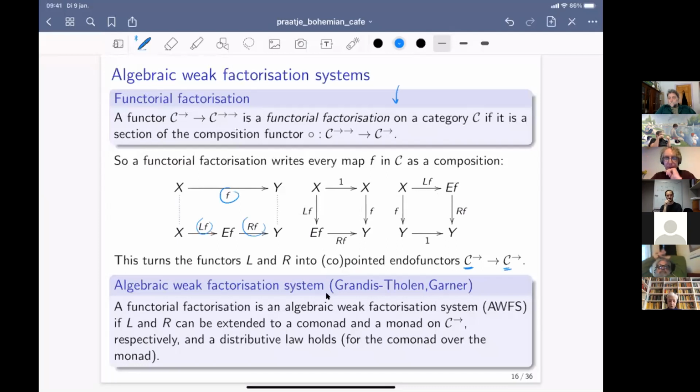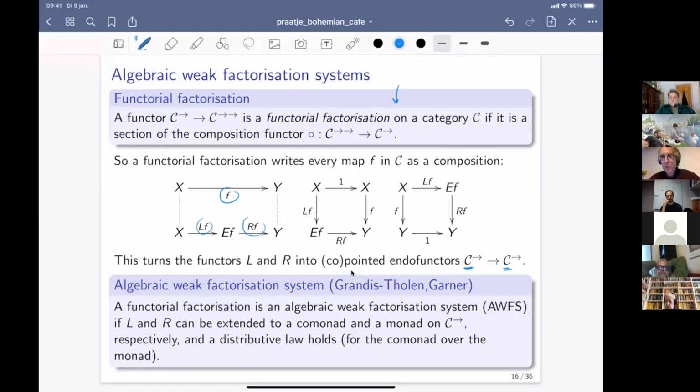The idea behind these algebraic refactorization systems, going back to Grandis and Tholen, is that we have two endofunctors, and in a sense a unit and a counit. So let's also demand the existence of a multiplication and a comultiplication, so that these things are monads and comonads on the arrow category.